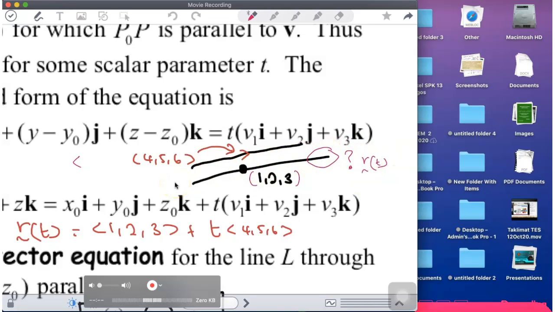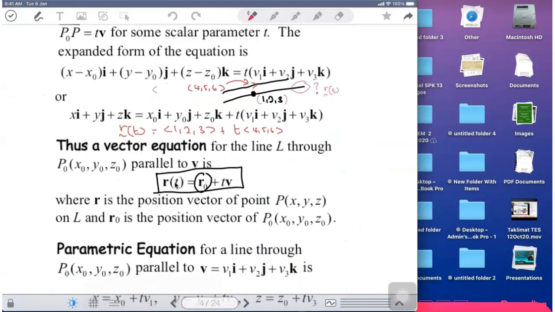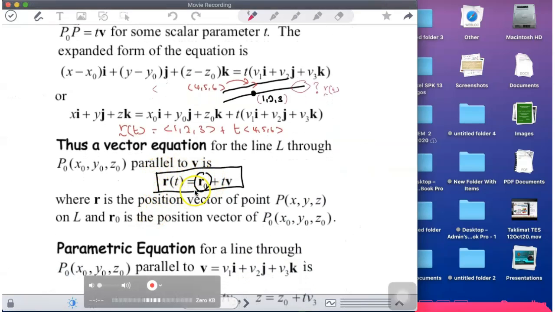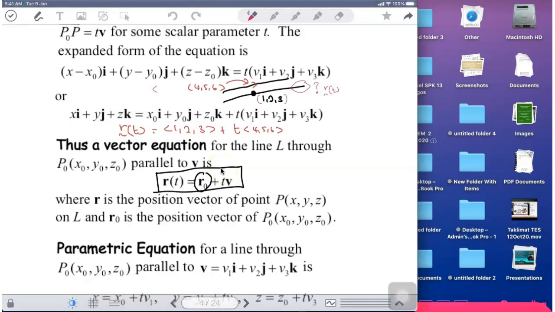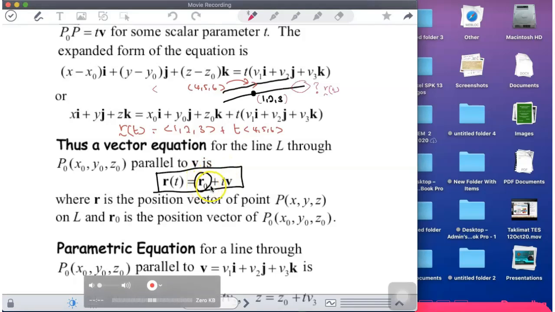The formula is this one, applicable only for a straight line: r(t) = r0 + tv. t is a parameter.